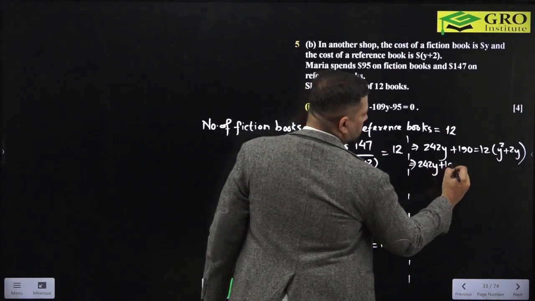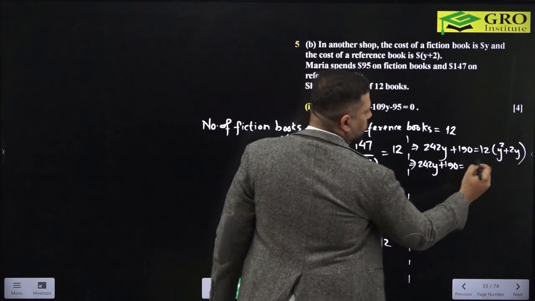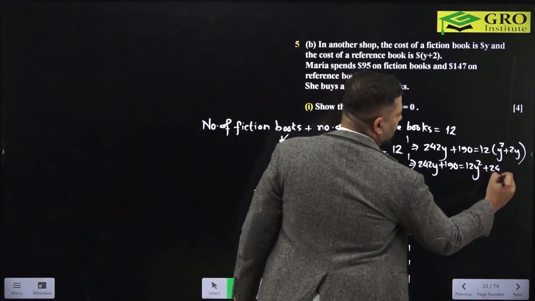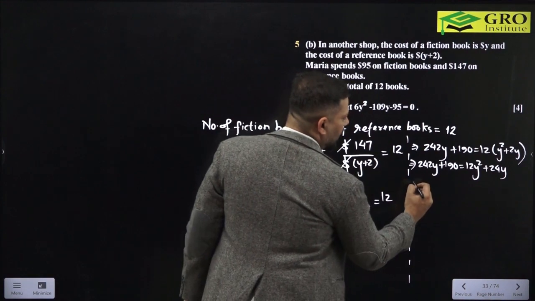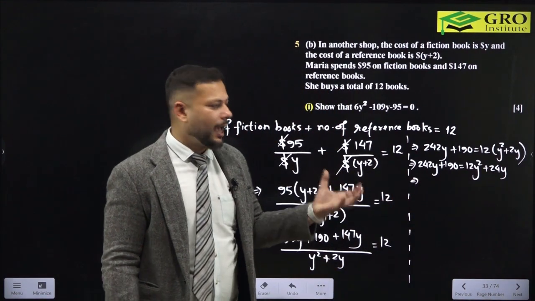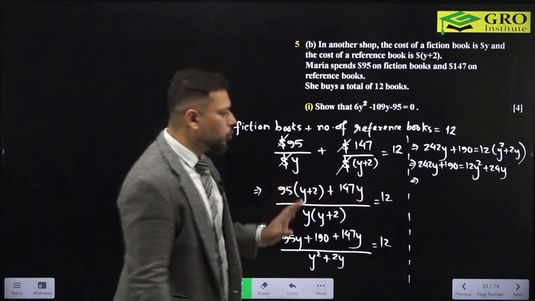242y plus 190 is equal to 12y square plus 24y, isn't it? Let us have all the variables and the constants on one side and let the other side be equal to 0.